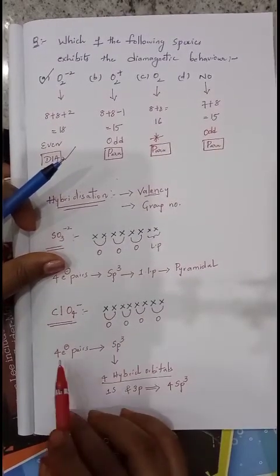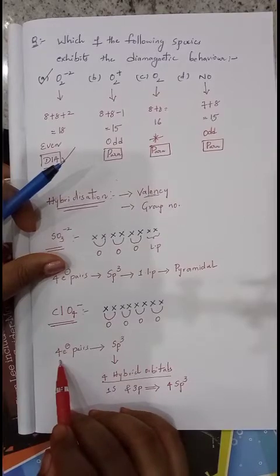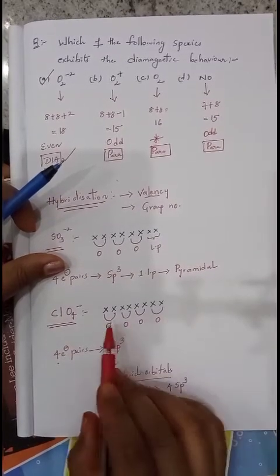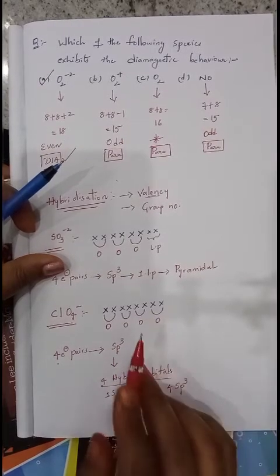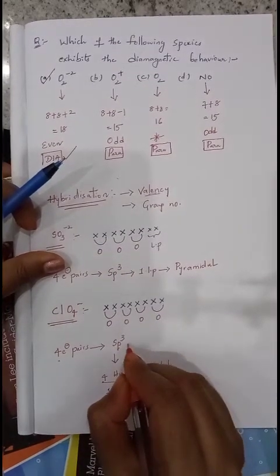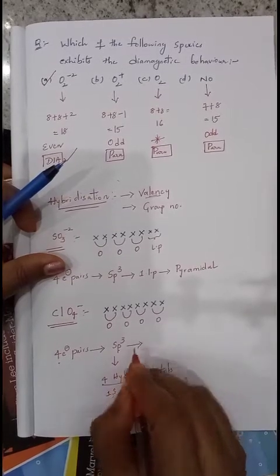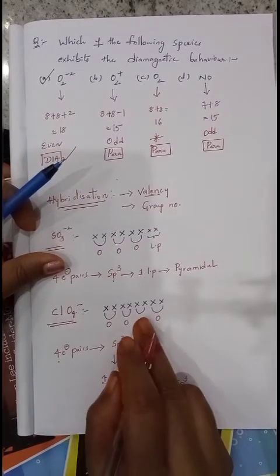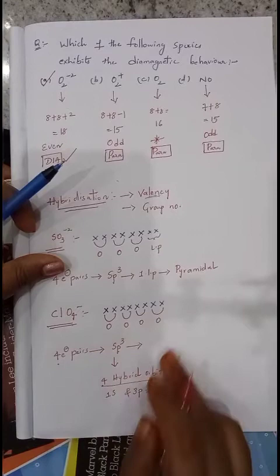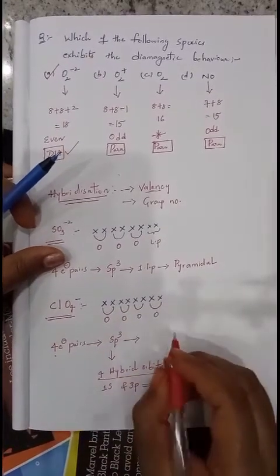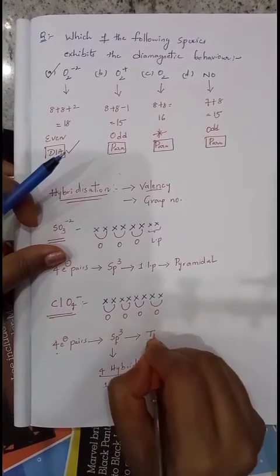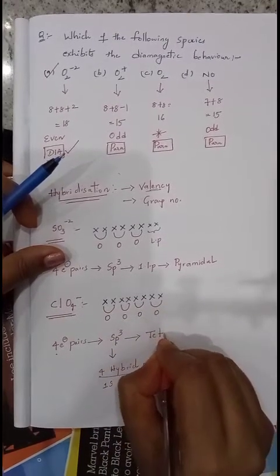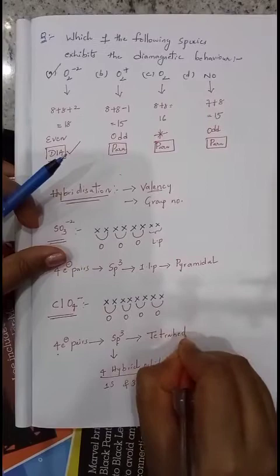These 4 hybrid orbitals will contain these 4 pairs of electrons. Each electron pair is involved in the formation of a bond. So with sp3 hybridization, here you may observe there is no lone pair of electrons. If there is no lone pair of electrons, then the geometry with sp3 hybridization is tetrahedral.